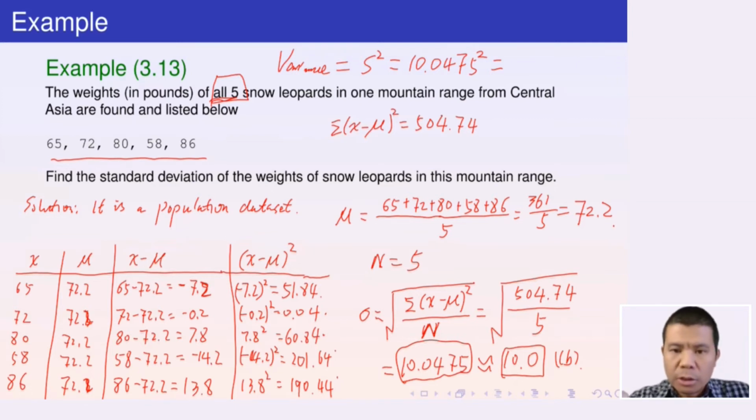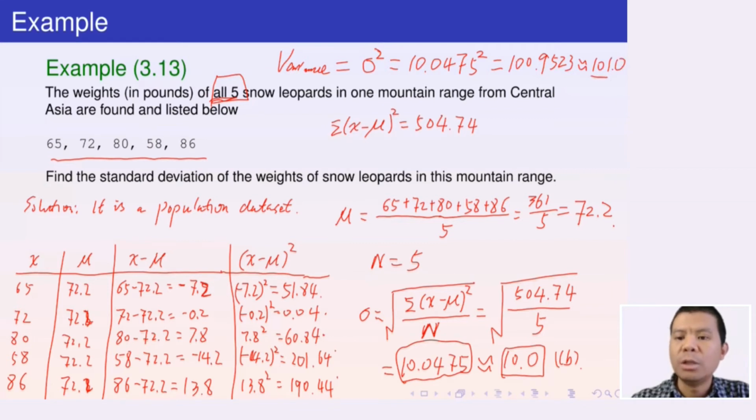Sorry, this should be the population, so it's sigma squared. So 10.0475, take the square, and I got 100.952. Then you round to one more decimal place. So what will you get?